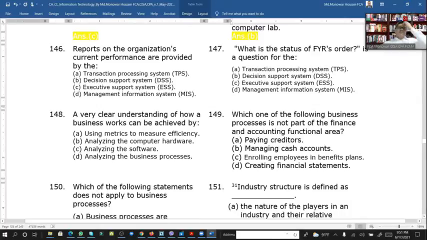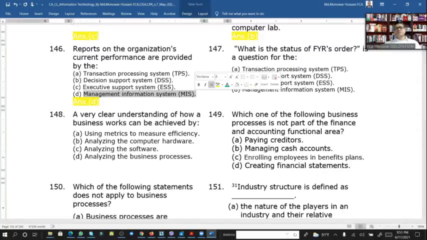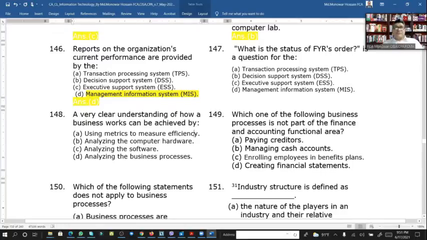Now, reports on the organization's current performance are provided by the TPS, DSS, ESS, or MIS. What would be the answer? Management Information System. So reports of the organization's current performance are provided by the MIS.